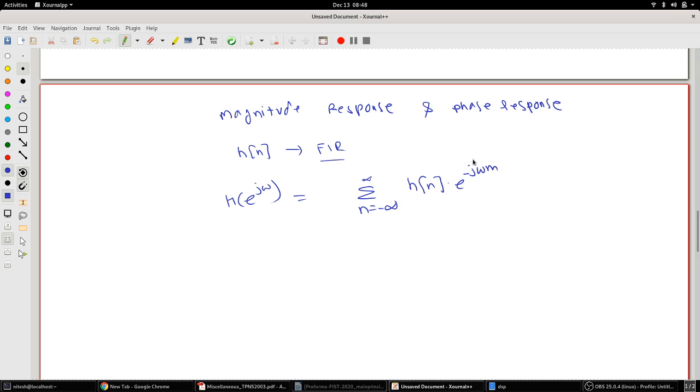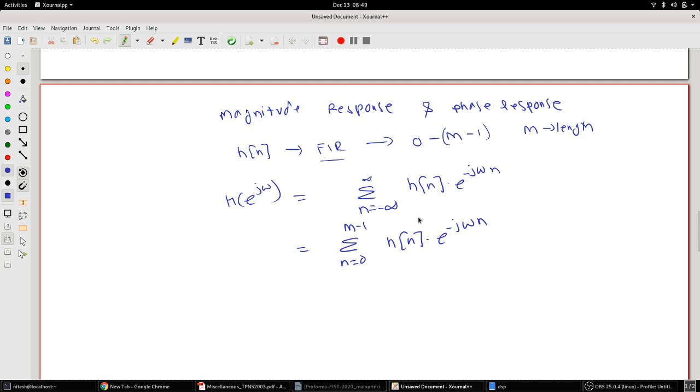Now this is finite and it exists from 0 to M minus 1, where M is the length. So what will happen here is summation n equal to 0 to M minus 1 h of n into e raised to minus j omega n. This is what you will get.